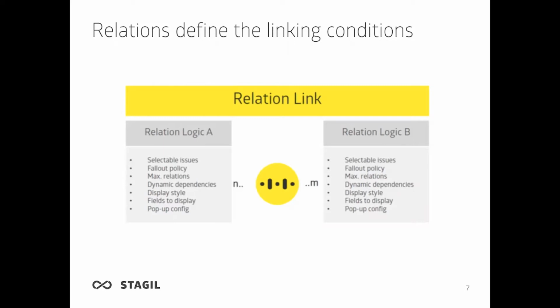On the one side, you may want to limit it so you can only select one issue to link, but on the other side, on the outward links, the output could be much more. So you can make a differentiation and define maximum relations. Or you may want dynamics, so that based on the first entry I made, I get other linking options.